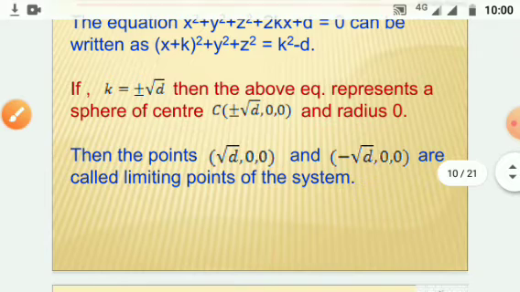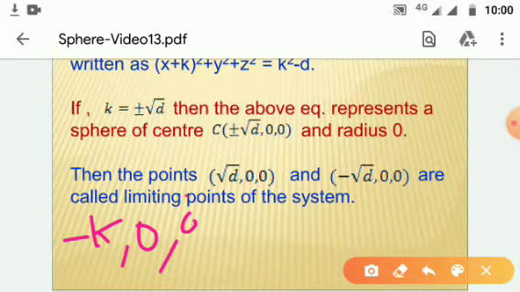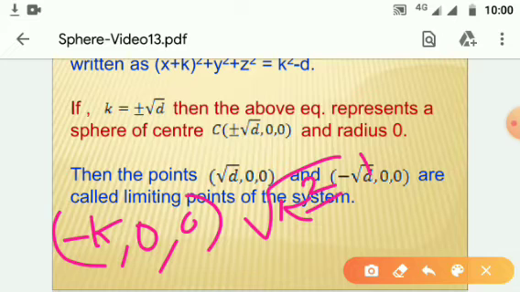So the center is minus k 0 0 and radius is root k square minus d. What are the limiting points? Actual limiting points are the members of the coaxial system whose radius is 0. Radius is 0 means they are point circles.